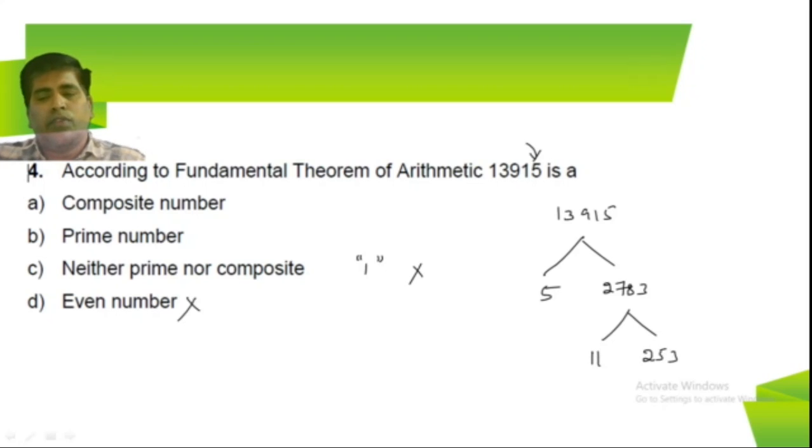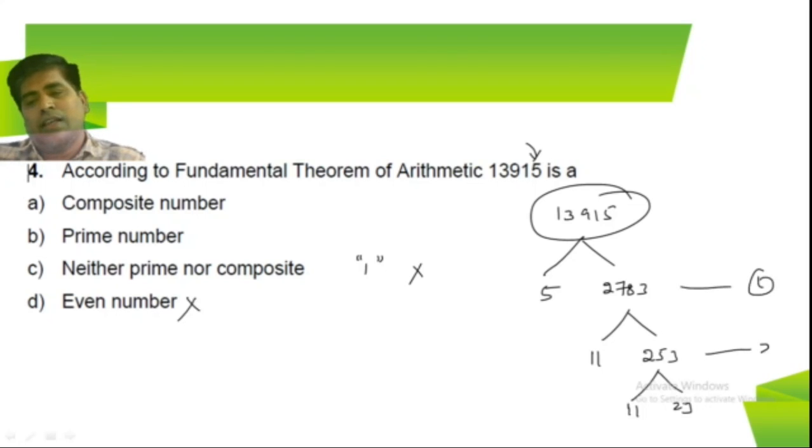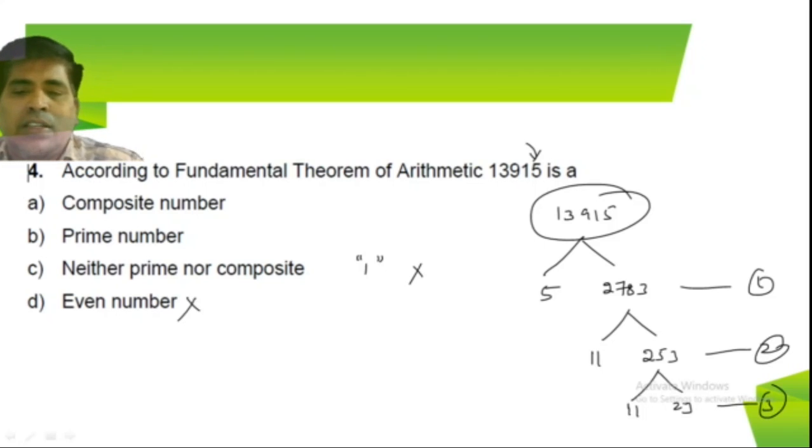Again, this we wrote as 11 into 23. So the same number we have expressed in the first step, second step, third step. So we have many factors for this one. Clearly it is a composite number.